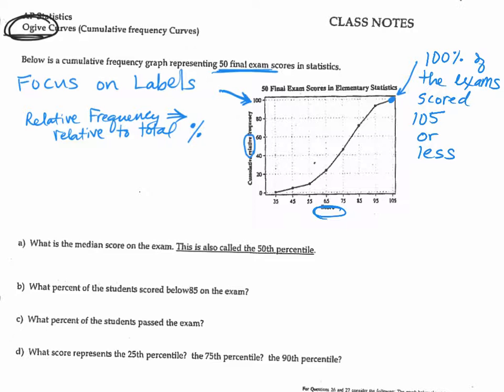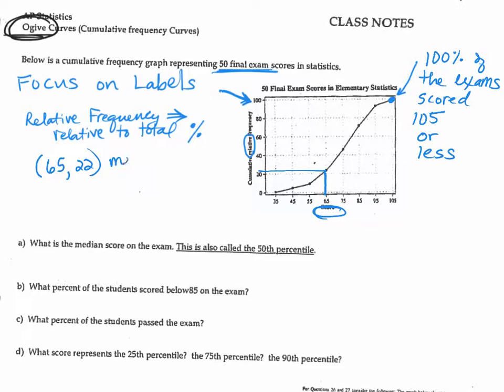Now let's pick another point. I want to do this point 65, and it looks like it maps over there. What percent do you think the score of 65 maps over to? I think I'm going to say like 22 or something. Okay, so let's interpret the meaning of this point, 65, 22.